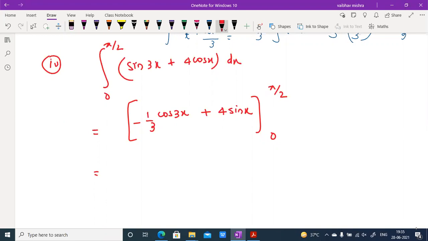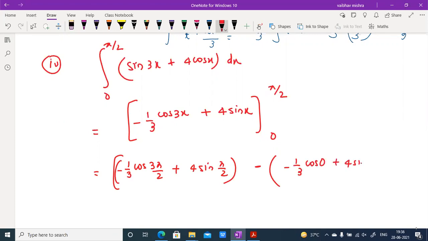So on the upper limit, it becomes minus 1 upon 3 cos 3 pi by 2 plus 4 sin pi by 2. This is the value at the upper limit. Minus 1 upon 3 cos 0 plus 4 sin 0. Value at the lower limit.